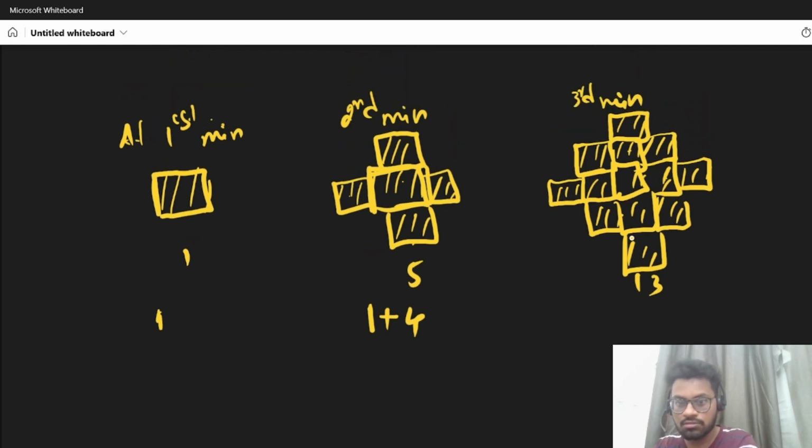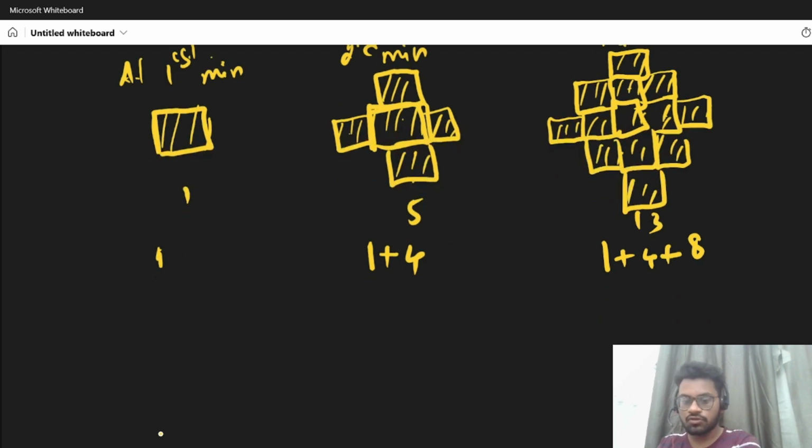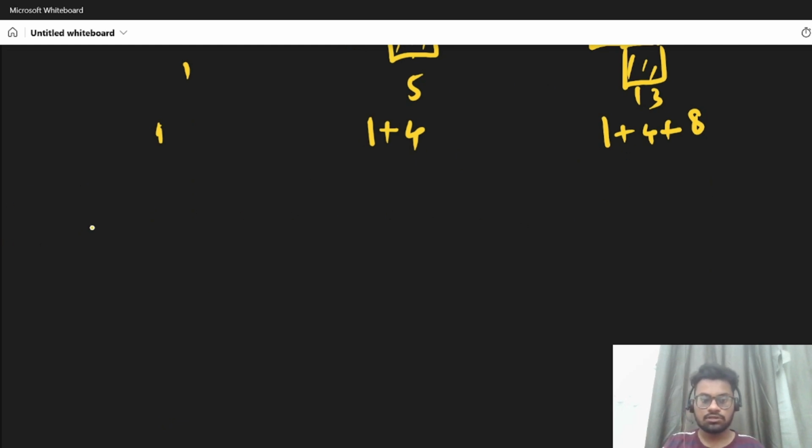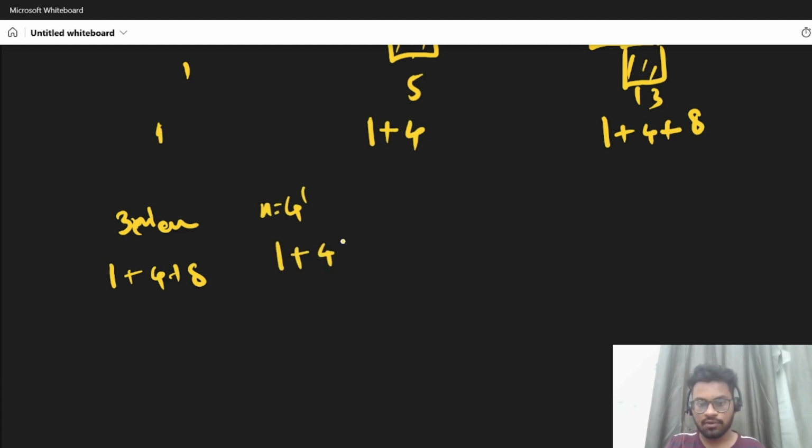In the third minute, it's 1 plus 4, which we colored in the first and second minute, plus 8 other cells. So for 3 it is 1 plus 4 plus 8. If n is 4, it's 1 plus 4 plus 8 plus 12. What is the total? 12 plus 8 is 20, 24, 25.